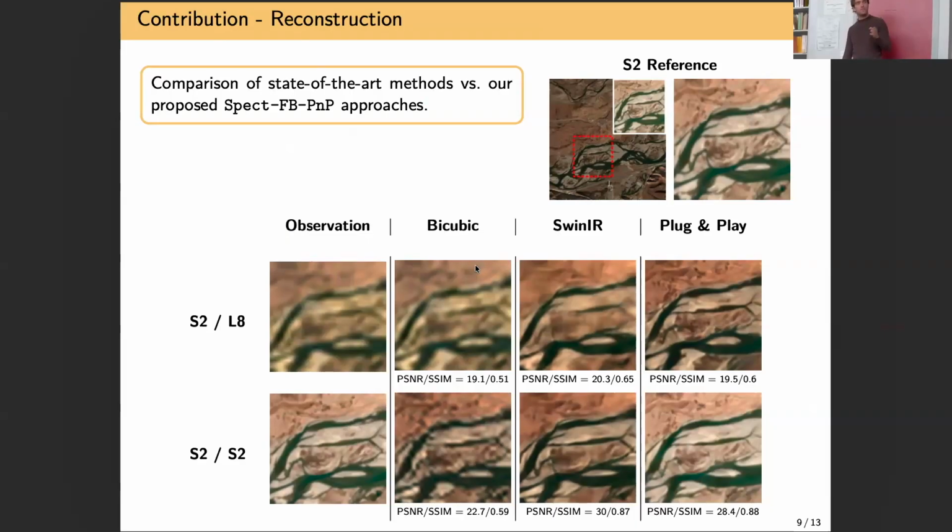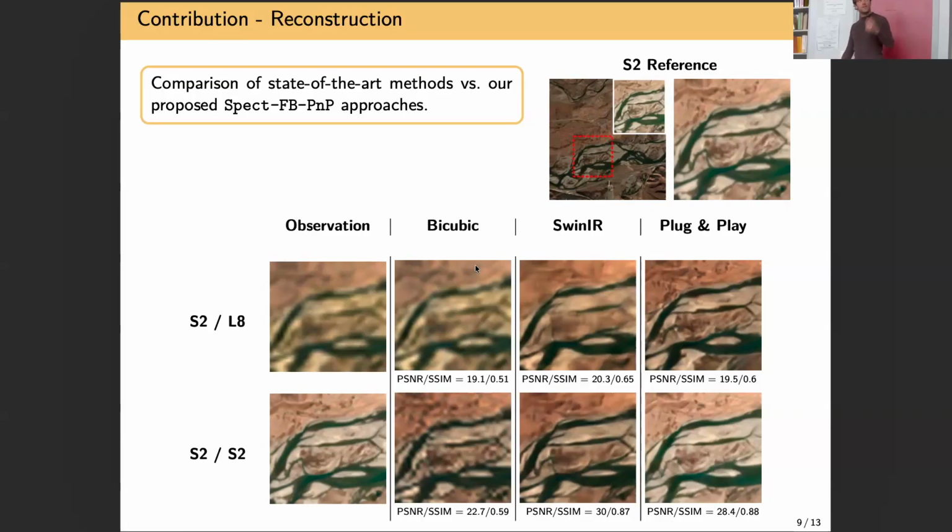Based on the metrics that we chose, the PSNR and the SSIM, we also compared our plug-and-play method, which you can see in the last column, to state-of-the-art methods: the classical bicubic interpolation, but also another learning-based model called SwinIR, which also uses a denoiser, and the denoiser was trained on the same database that you saw before.